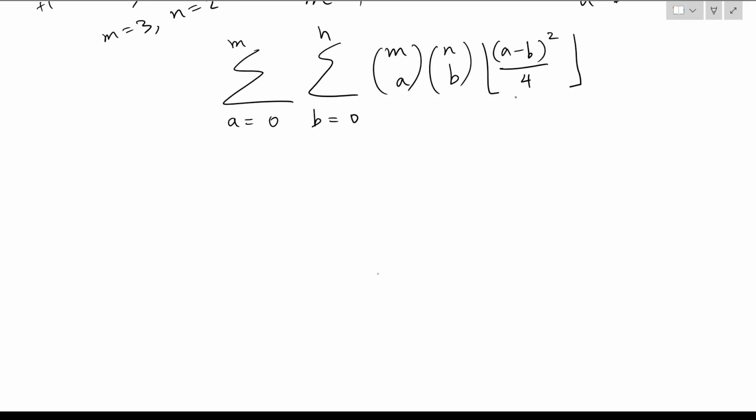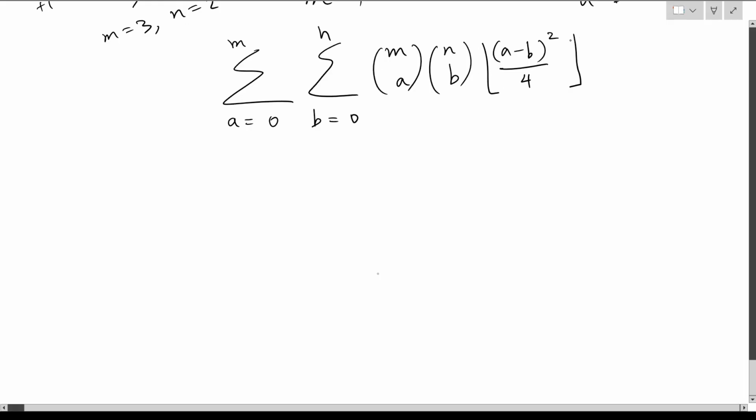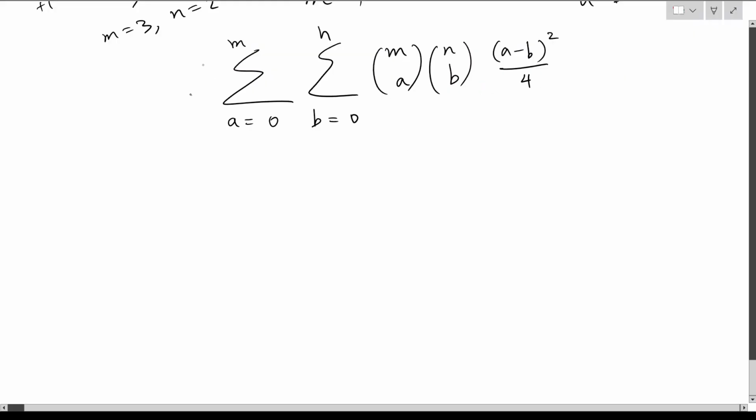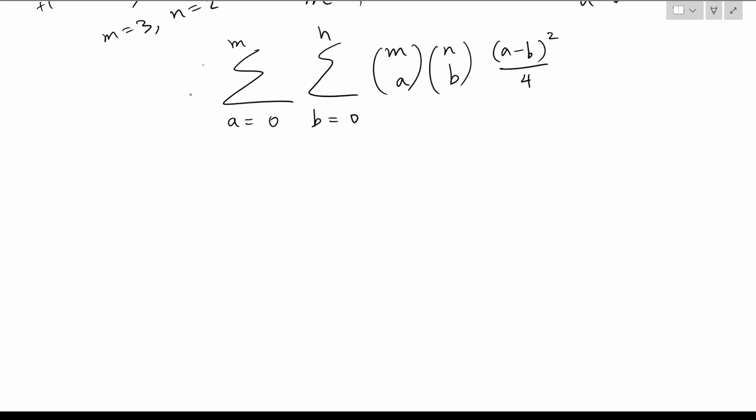Not the expression itself, but rather this floor, because that leads to two possible choices. So let's drop that for now. We will ignore the floor and correct the error we get from doing this later on. So for now, let's say we just had to compute this sum. How could we go about that?